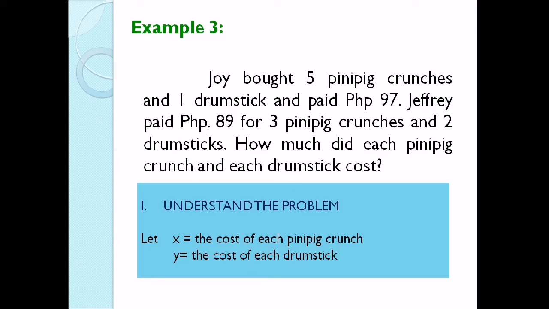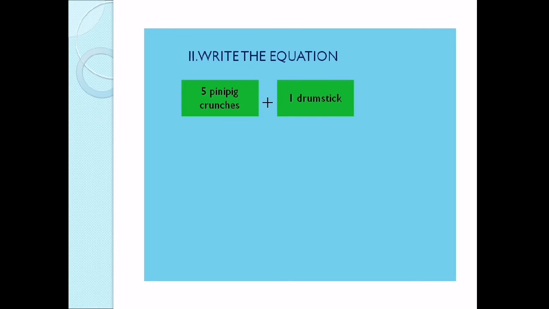So let us understand the problem. Let x be the cost of each pinipig crunch and let y be the cost of each drumstick. So let's write the equation. This is for Joy. She bought 5 pinipig crunches plus 1 drumstick, and then she paid 97 pesos.